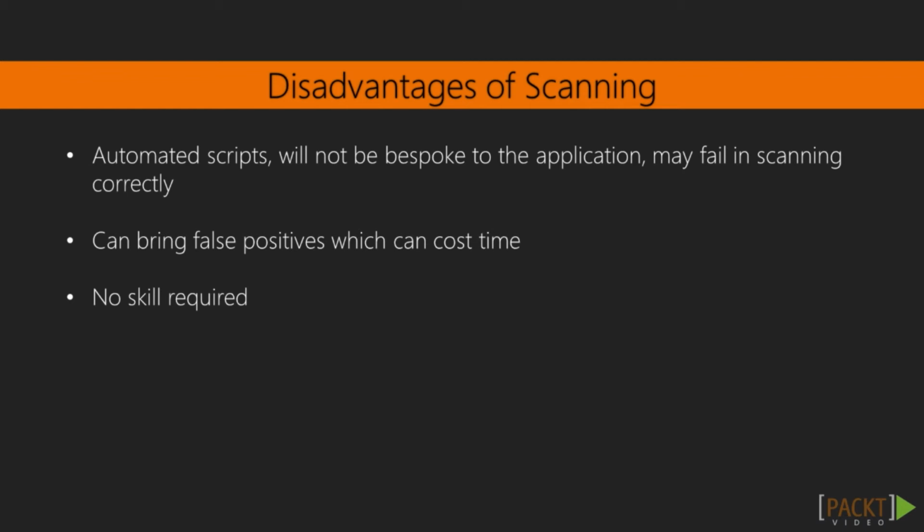As well as that, the last point I want to bring up is that no skill is required, and what I mean by that is, it's quite easy to enter a target's name, click scan, and then paste all of the vulnerabilities that the scanner's found. You should look at the actual vulnerabilities that are within the scanner. Sometimes it does bring up false positives, even though it looks like it can't possibly be anything other than that vulnerability. You should always check, because sometimes computer programs aren't always right.